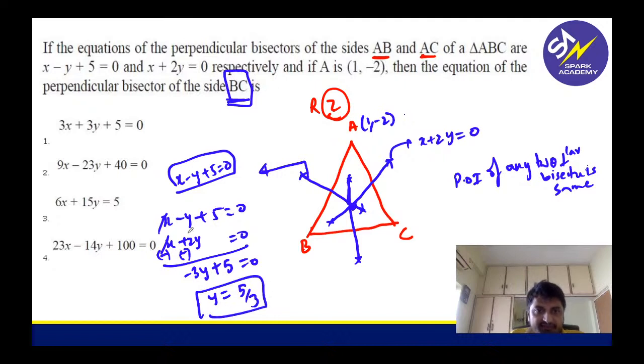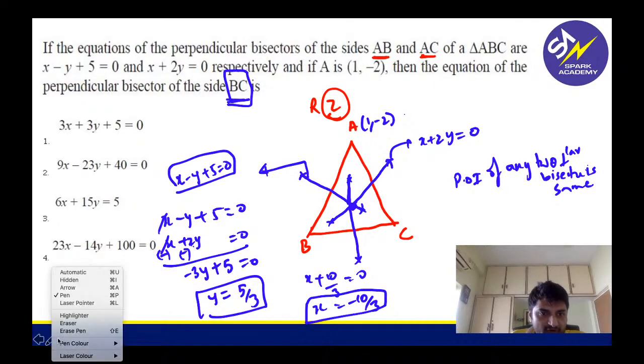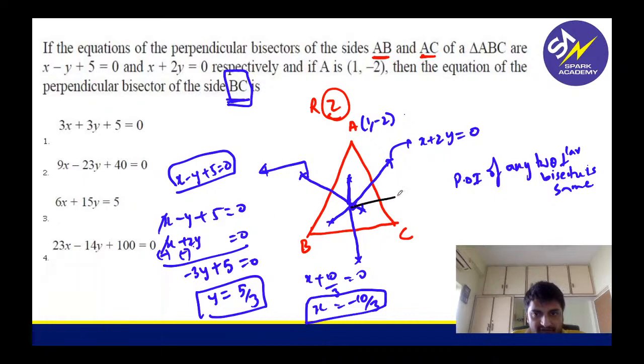So if y is 5 by 3, what will be x, guys? So you know x plus 2y is 0. x plus 10 by 3 equal to 0, or x is minus 10 by 3. So basically I got my point of contact, which is 5 by 3 comma minus 10 by 3, right?